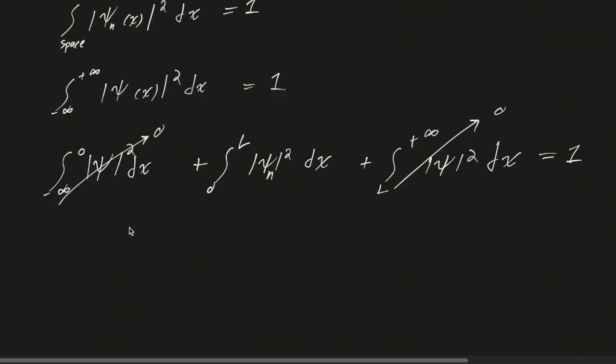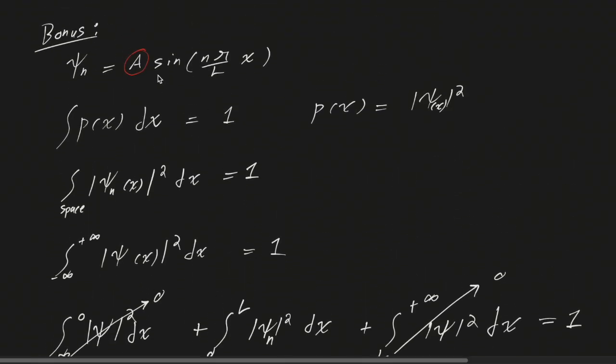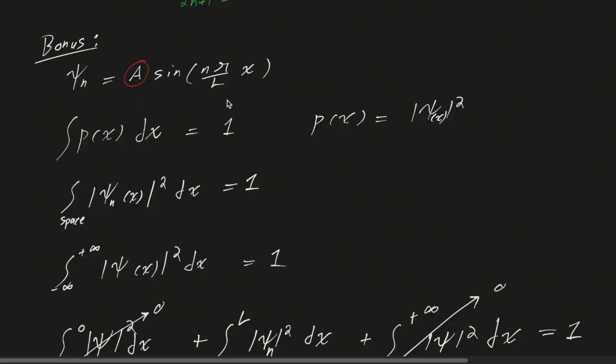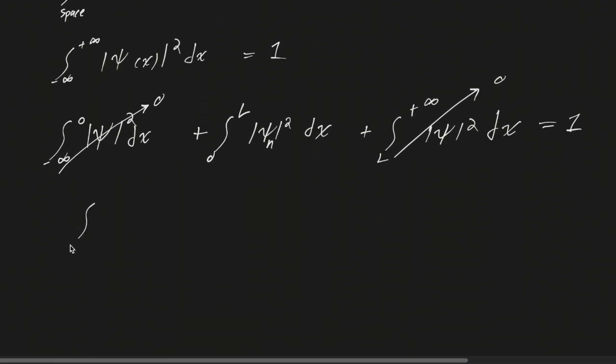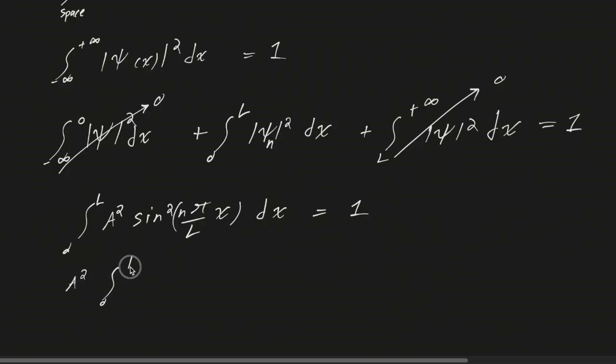This must equal 1. So the integral from 0 to L, psi sub n in this region is equal to A sine n pi over L x. So you'll have the integral from 0 to L of A squared sine squared n pi over L x dx must equal 1. A squared is a constant, so it gets out of the integral. So we're left with the integral of sine squared n pi over L x dx.